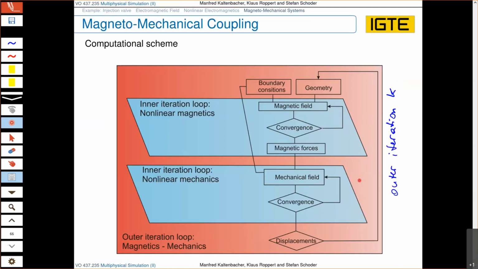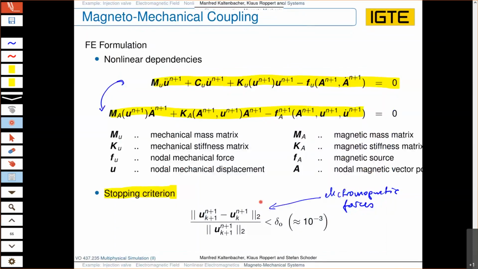But don't forget that you also check your stopping criterion via the change of the displacement between two outer iteration loops, or use the change of the electromagnetic forces. And when you fulfill such a criterion, then you can go to the next time step and again solve iteratively both physical fields.